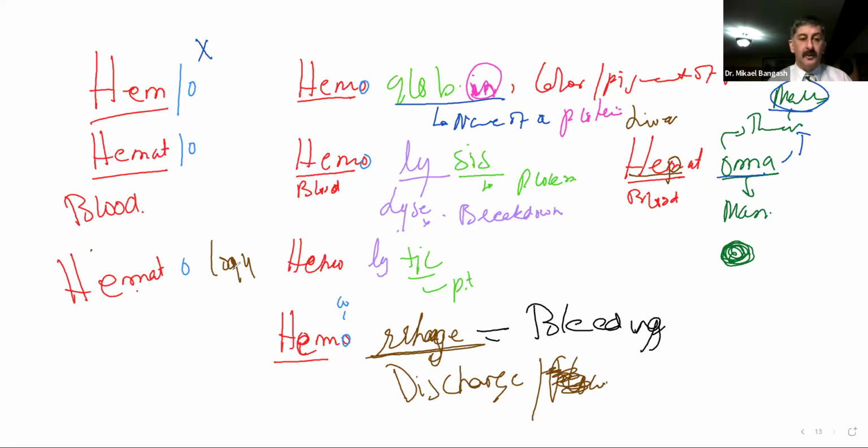That's why if you suffer from blood diseases, you may need to see a hematologist. Did you guys get that?